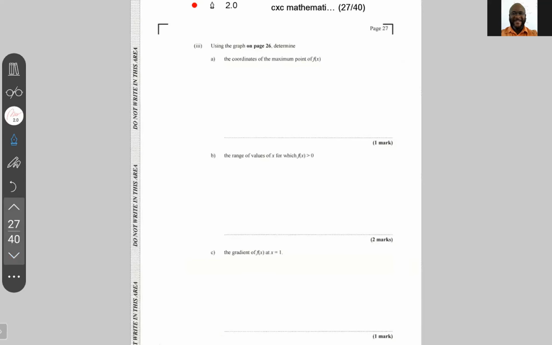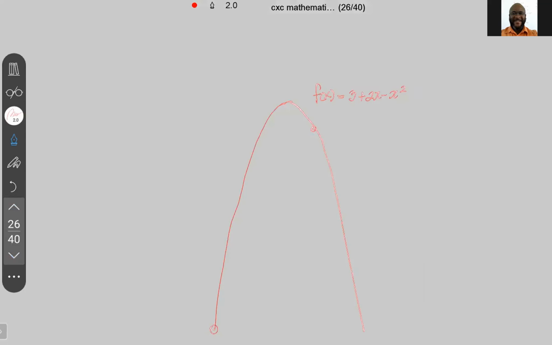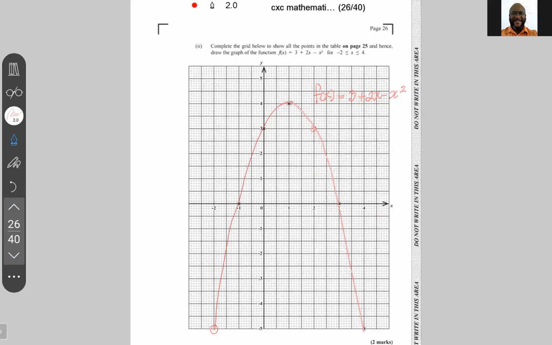Let's see what's next. We're asked, using the graph, to determine the coordinates of the maximum point. The maximum point is the absolute top of the graph. This is the line x is equal to 1, and this is the line y is equal to 4.